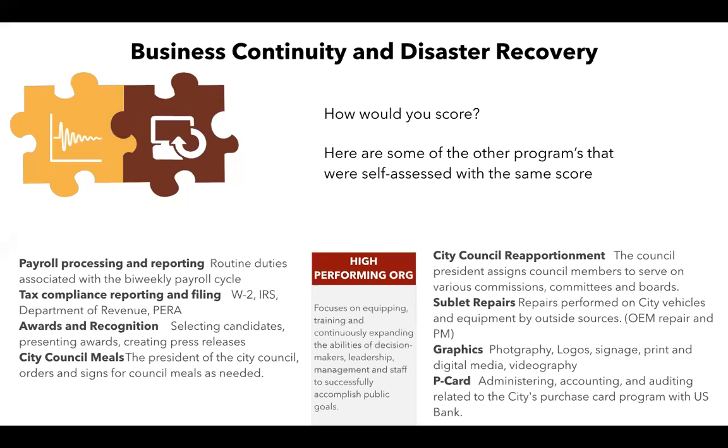Scored the same score as city council meals, awards and recognition, sublet repairs, graphics, and so it scored a 0 against high-performing org. And it's taking all of those services as a group and determining, does business continuity and disaster recovery fall into the same level of influence on the result area of high-performing org as these other services?